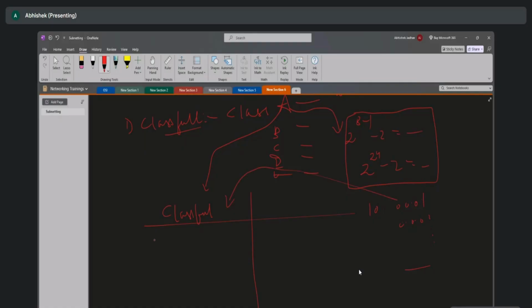And this is not a very efficient way. The reason being you're using the Class A IP address completely, which is of no use. That's the reason why we introduced the concept of subnetting, which leads to the concept of classless inter-domain routing.